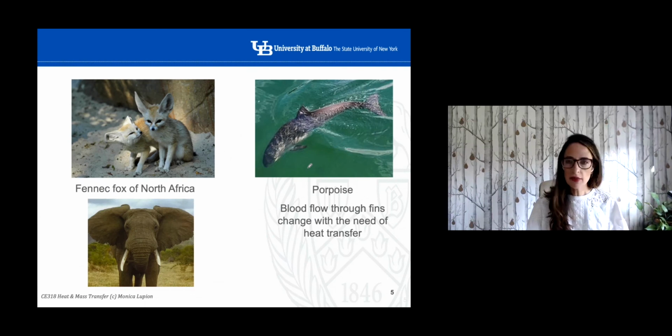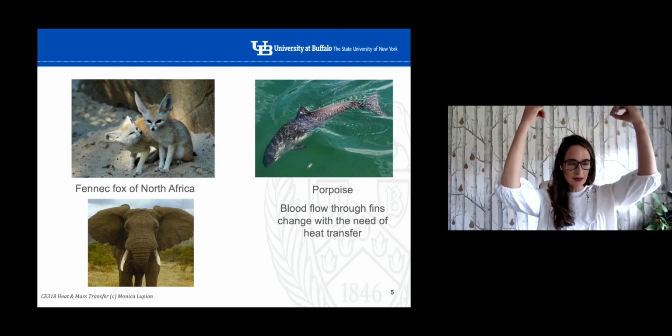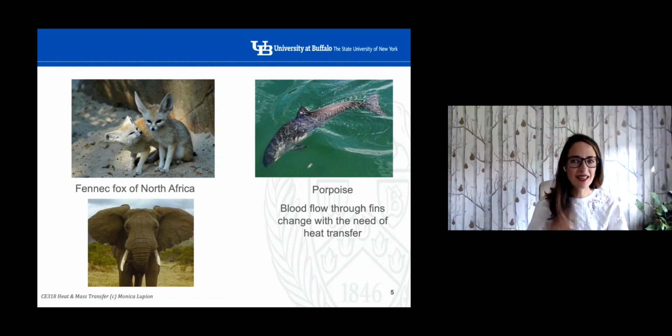Other examples that we find in nature, for example, the fennec fox in North Africa, has long ears. It's not only to hear better, but also to control the temperature of the body. Same for an elephant.